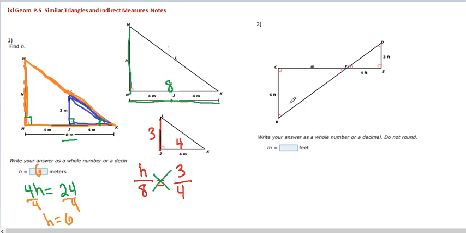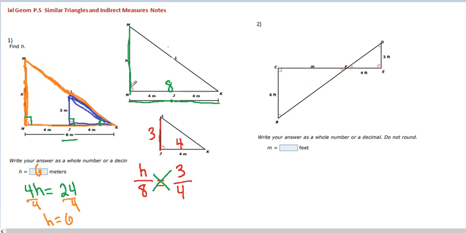We're looking for m, this length here. Now it gets a little tricky because these triangles are sort of turned around. So we need to look for some clues, just like we did here.